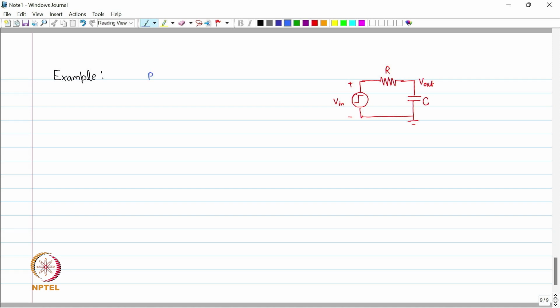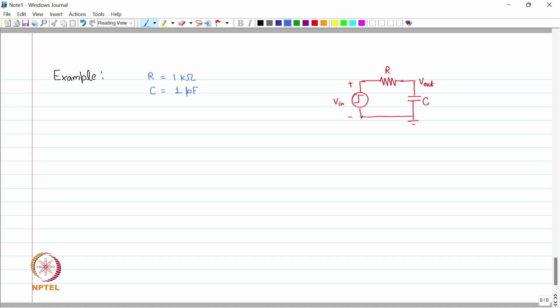The value of R is 1 kilo ohm and the value of C is 1 picofarad. We are assuming that V in is 0 for a very long time.